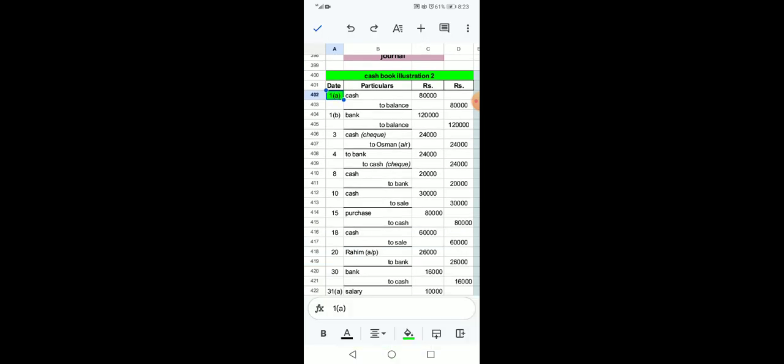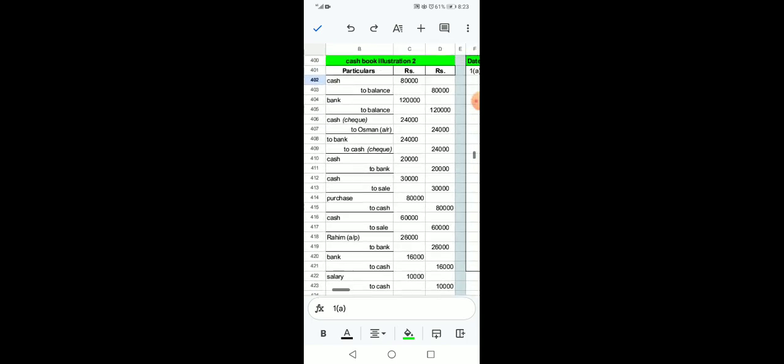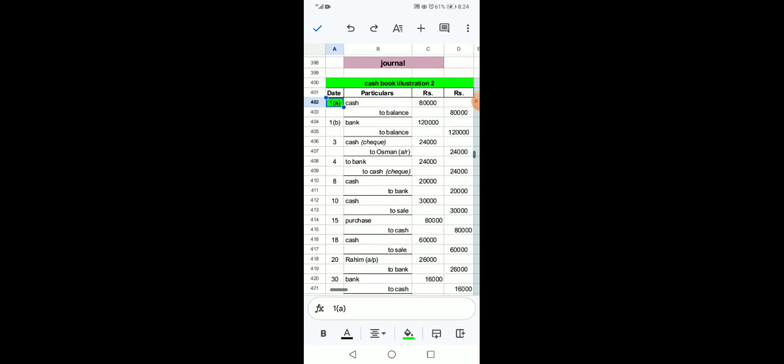Mark it as done. Why am I marking it? Because when there are so many journal entries in one question, there is a chance that you can repeat one entry, or one entry can be posted twice. When you mark it, you will know the entry has already been posted, so the chance of repetition is nullified. And secondly, if you do not mark, one entry among so many can be skipped.